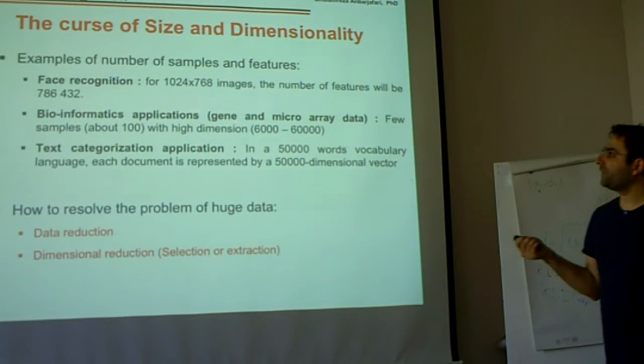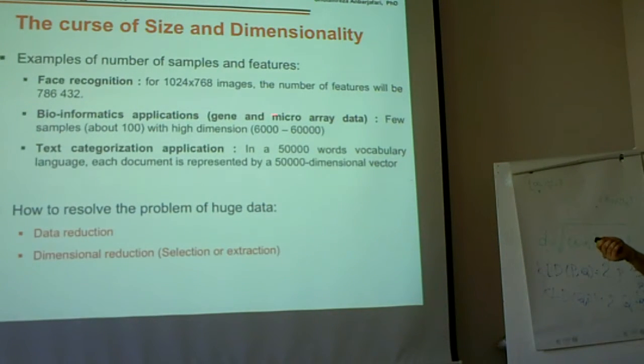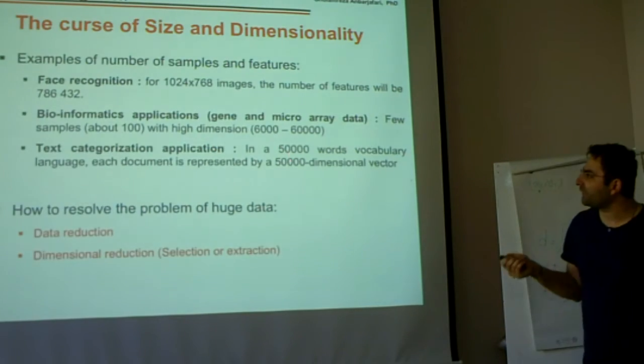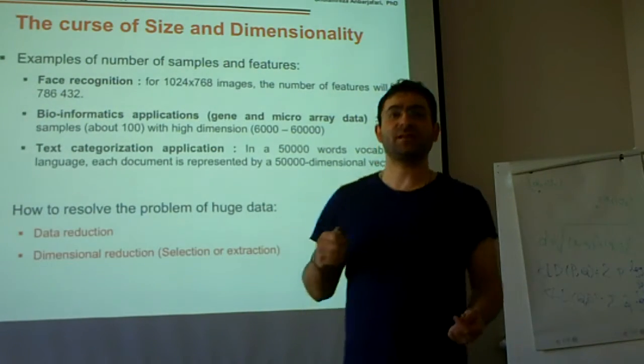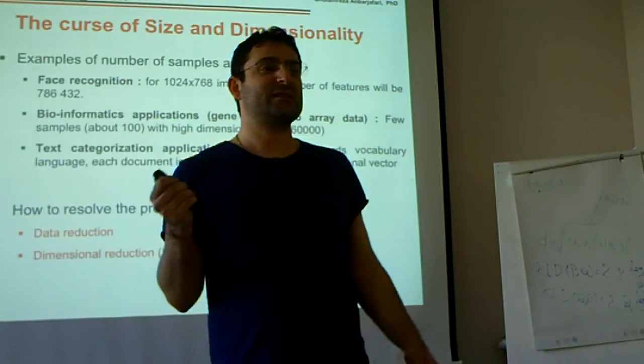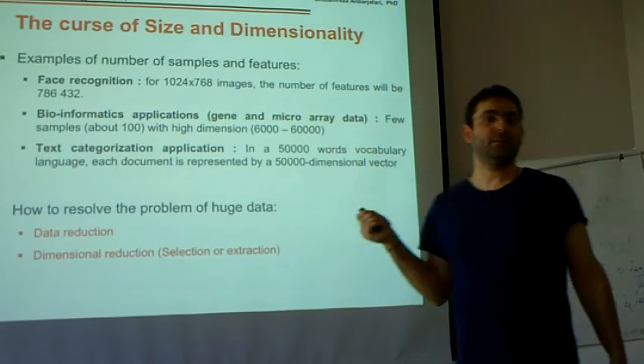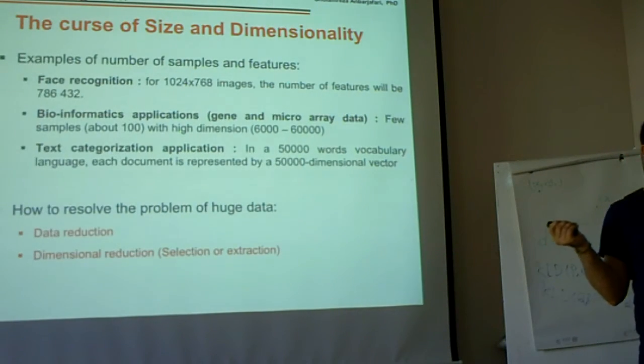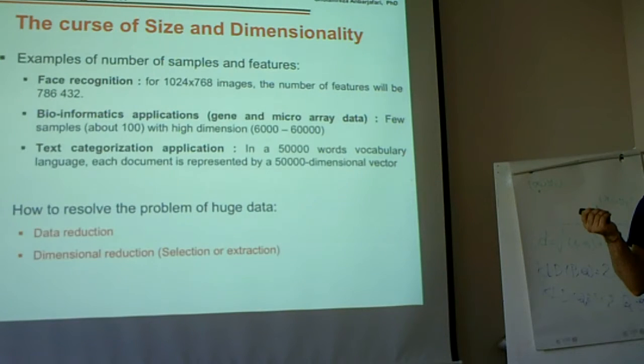In bioinformatics, in genes and microarray data, if we have a few samples, let's say only 100 samples, each sample can have dimensionality between 6,000 to 60,000. Multiply 60,000 by 100, it will be 6 million features for the 100 samples that we have.